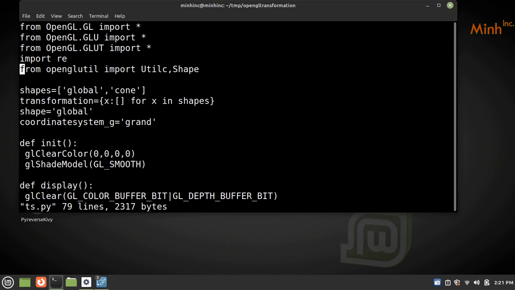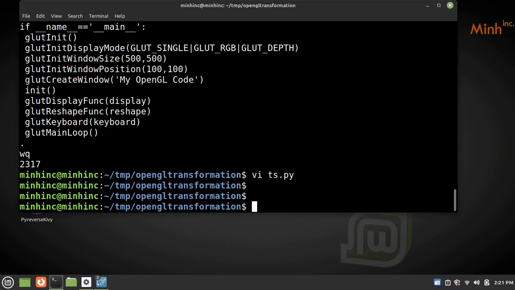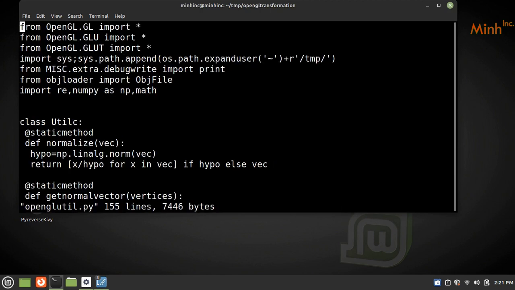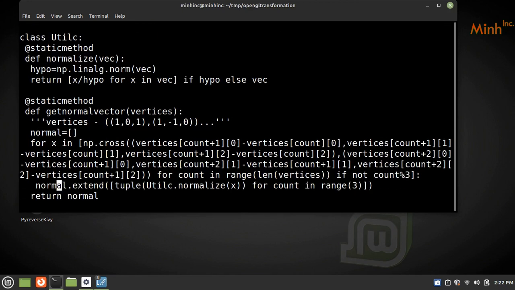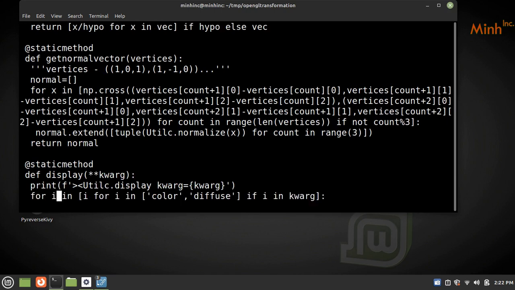Okay, so I have imported from OpenGL util. So we'll copy OpenGL util here. So OpenGL util code is quite simple, and it has class utilc, and it has functions like normalize, get normal vector, display.